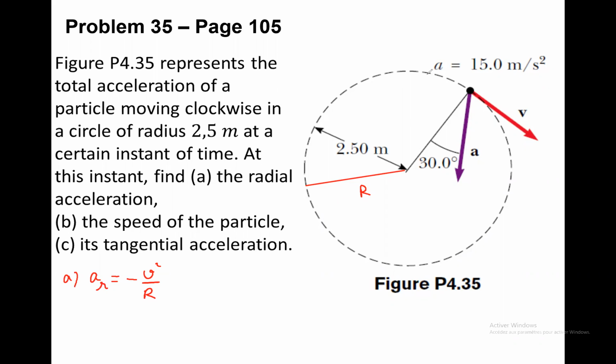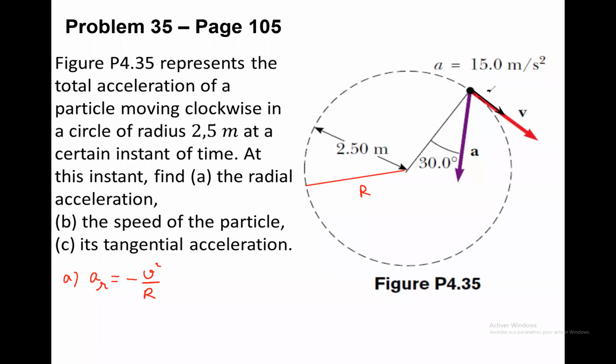Now let's draw on the figure the components of the acceleration. At any point, as you see here, the velocity is in this direction. The A tangent is like this.